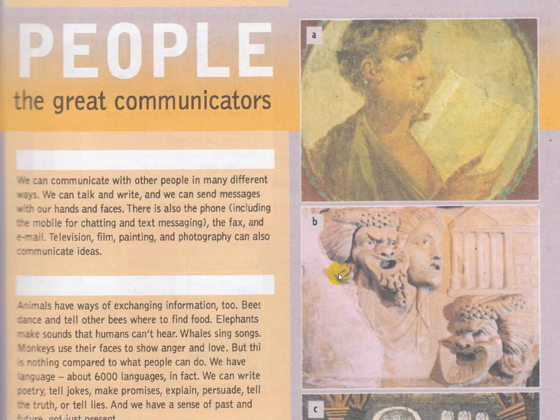So I'm going to read the first paragraph. People, the great communicators. We can communicate with other people in many different ways. We can talk and write, and we can send messages with our hands and faces. There is also the phone, including the mobile for chatting and text messaging, the fax and email.